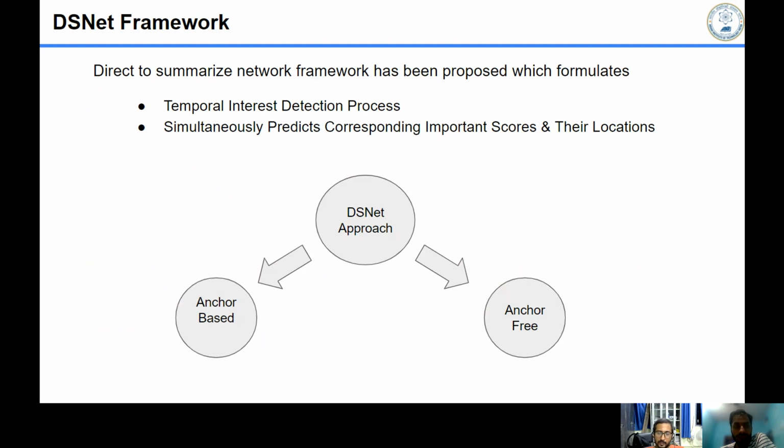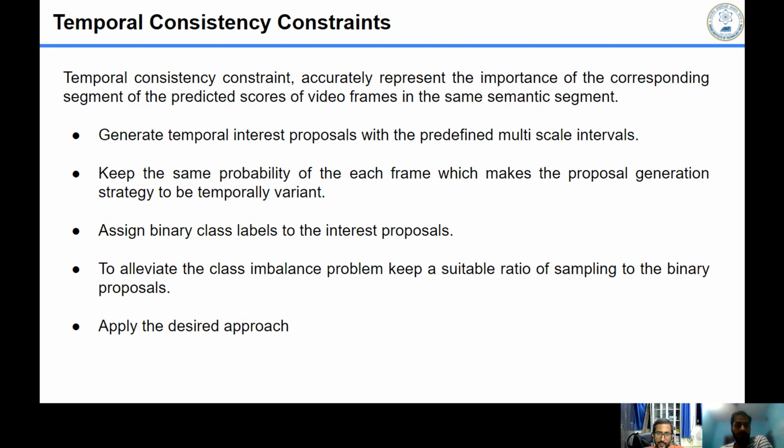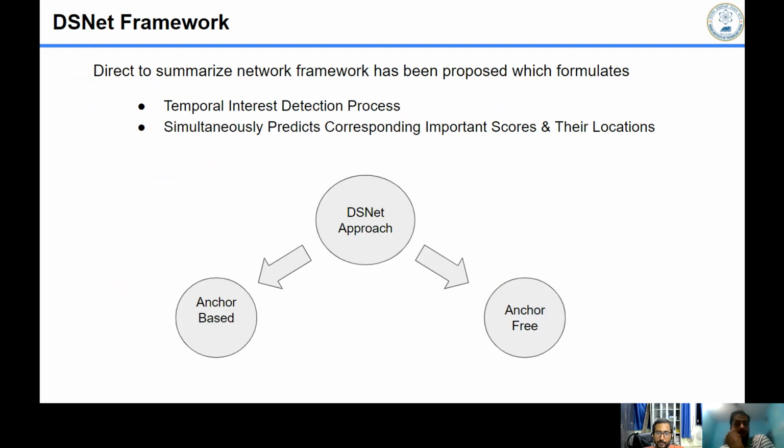To frame all of our approaches, we have the DSNet framework. Not that we have proposed it, actually it is proposed in the paper. The Detect-to-Summarize network uses two main things.